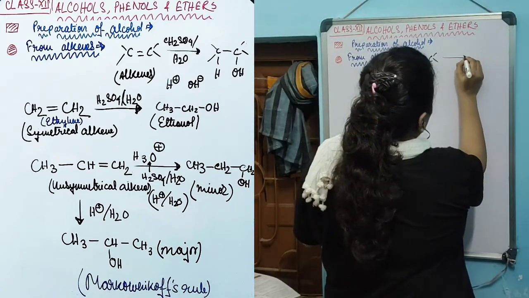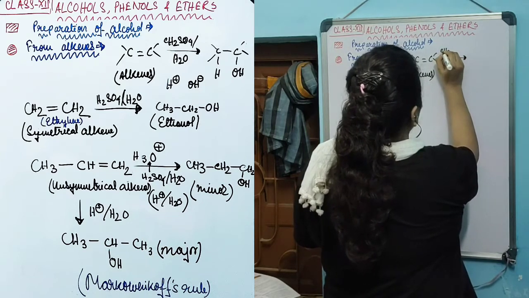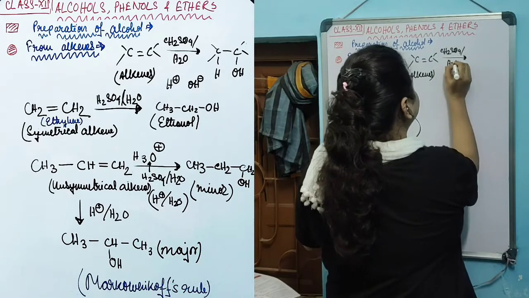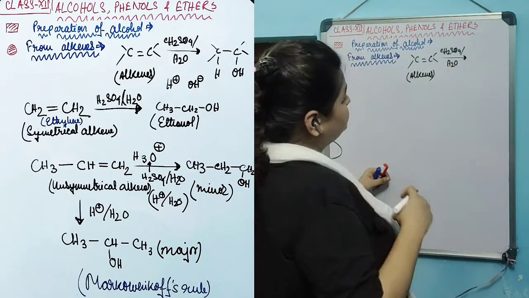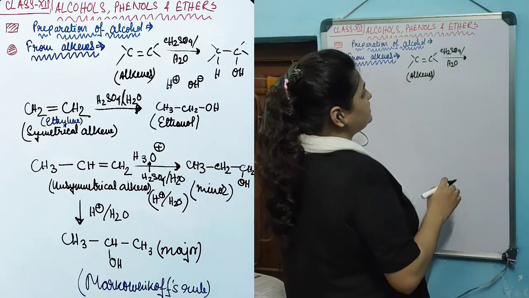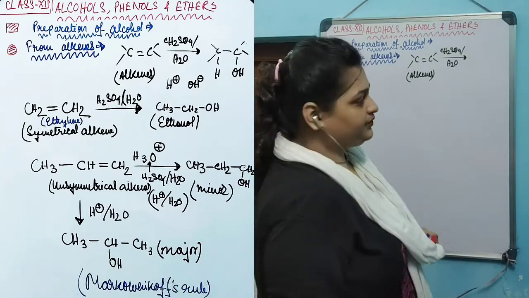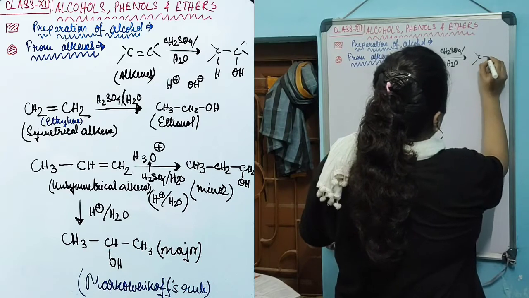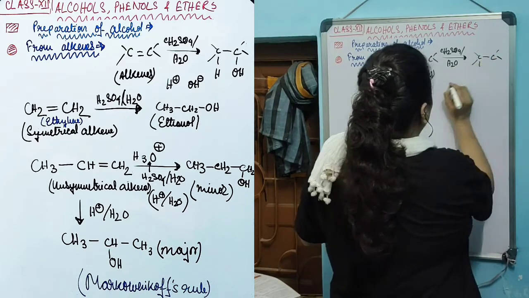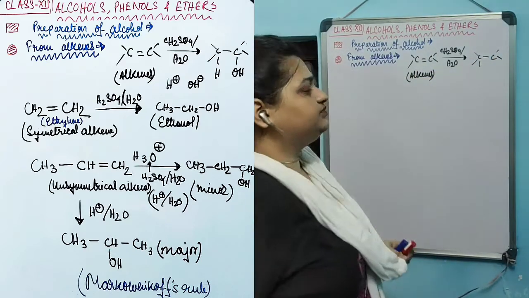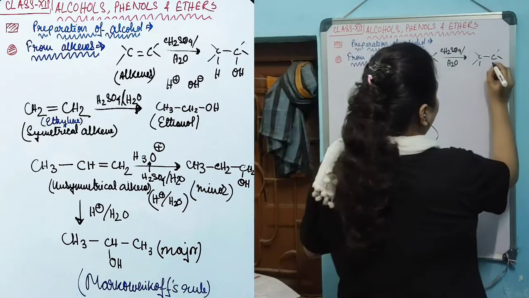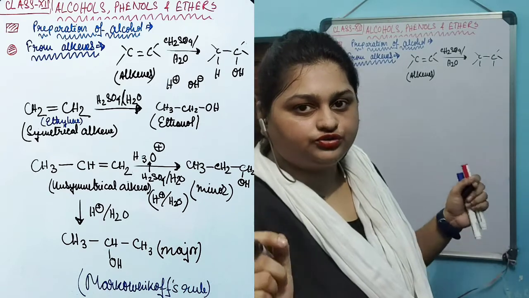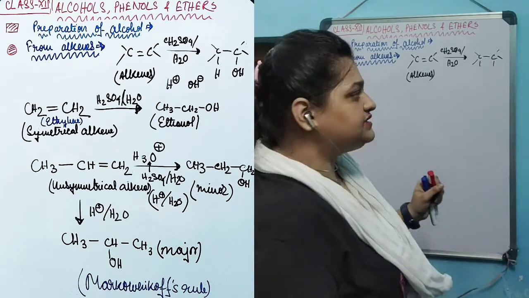When alkene is subjected to concentrated H2SO4 in aqueous medium, that is in water solvent, the reaction that happens is the addition of water. First, one bond from this double bond will be opened. When one bond from a double bond opens, two bonds are produced on the two carbons present in the double bond.